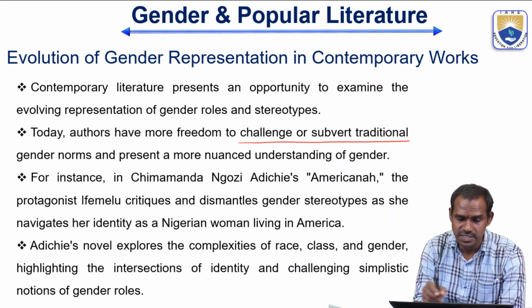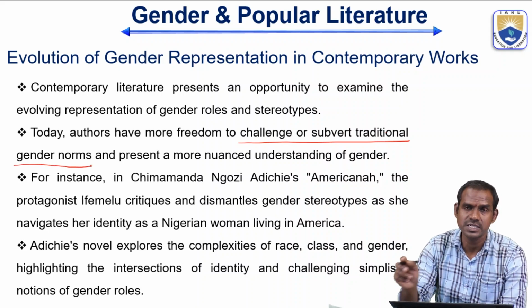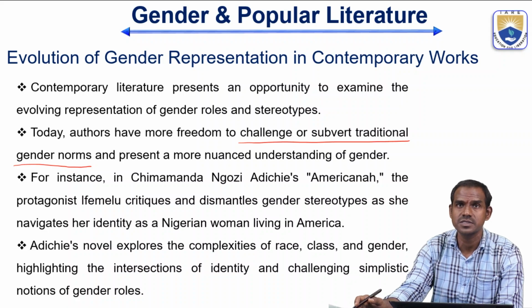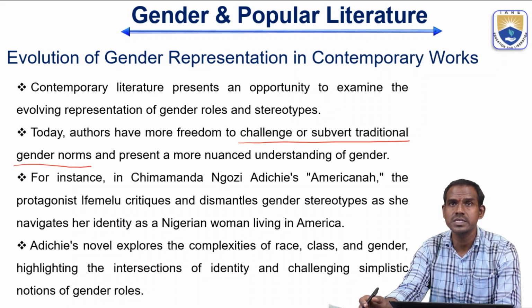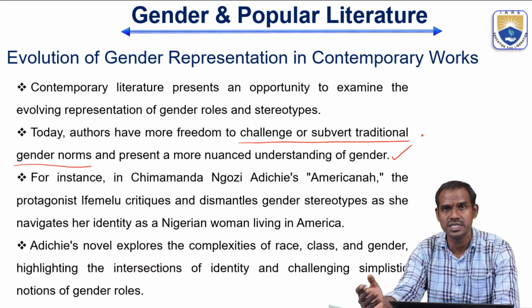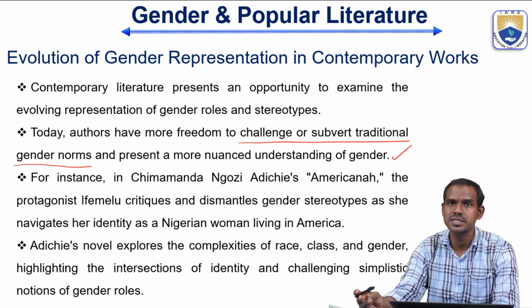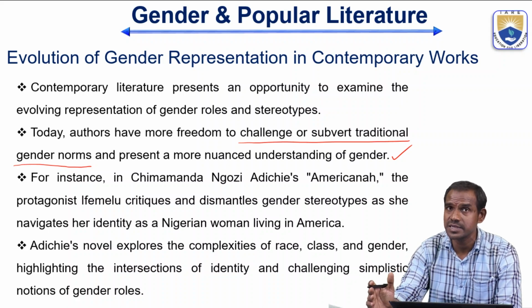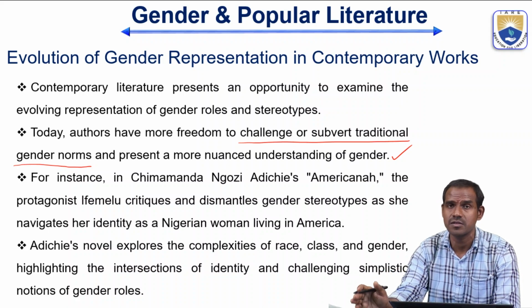So that is the main thing going on in society now: to challenge or subvert traditional gender norms and present a more nuanced understanding of gender, meaning a more matured view of gender. Gender equality must be arrived at and gender sensitization must be achieved through this. That is the main aim of these authors, novelists and all.